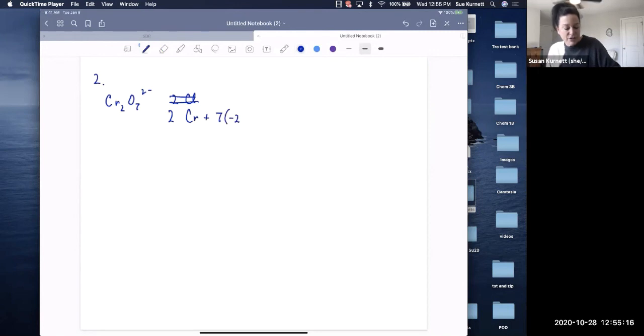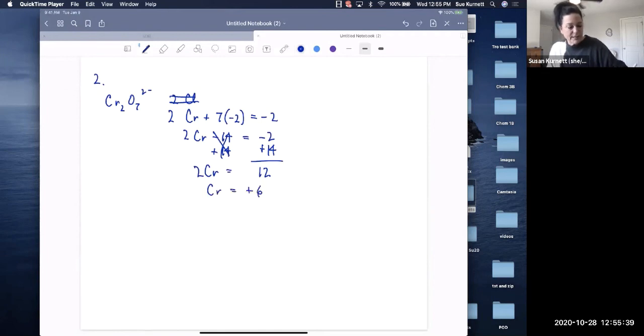Oxygen is -2 in compounds. It adds up to -2 overall. 2 chromiums minus 14 equals -2. Add 14 to both sides. 2 chromiums is 12. So each chromium atom must have an oxidation state of +6.